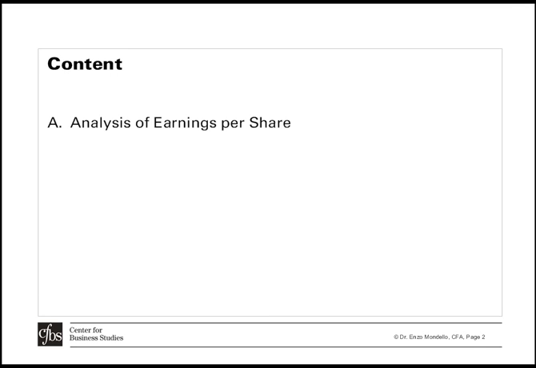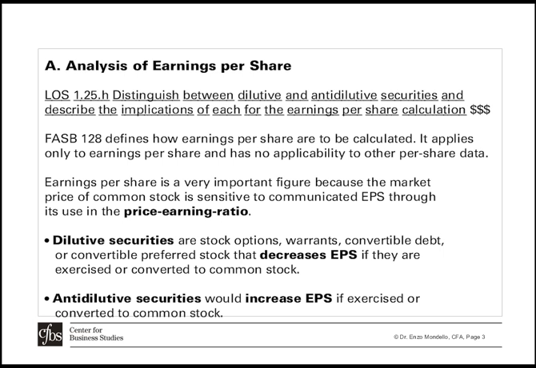Well, in order to do that, the analysis of EPS, we will usually start first with the learning outcome statement. Here the LOS says: distinguish between dilutive and anti-dilutive securities and describe the implications of each for the EPS calculation. If you have to distinguish between dilutive and anti-dilutive securities, the meaning is: if we include the security and it lowers the EPS figure, then such a security is known to be dilutive.